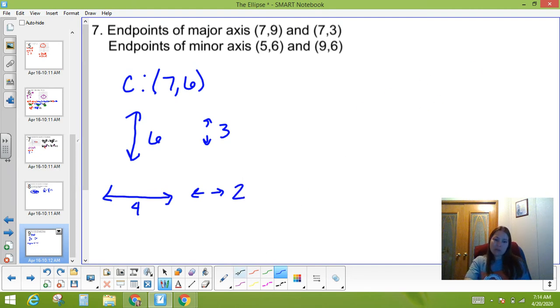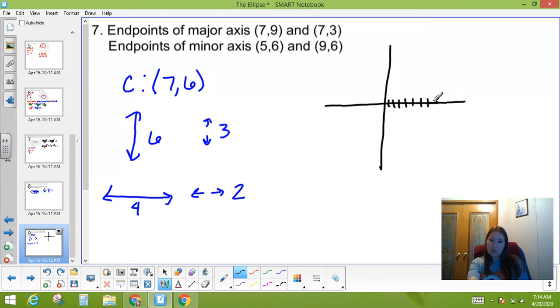All right, so for those of you that were a little confused, let me draw you a picture so we understand. I'll number the axes from 1 to 10.